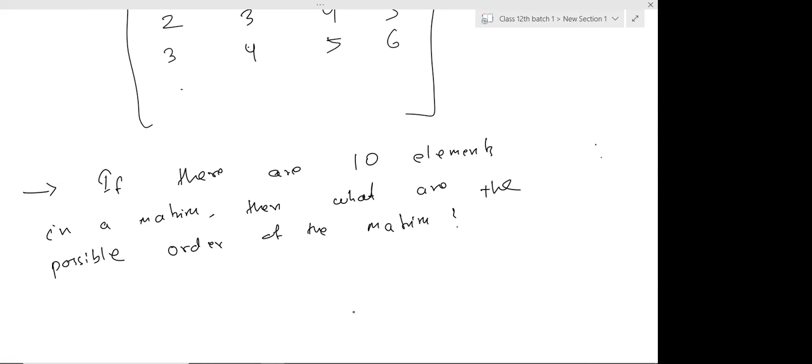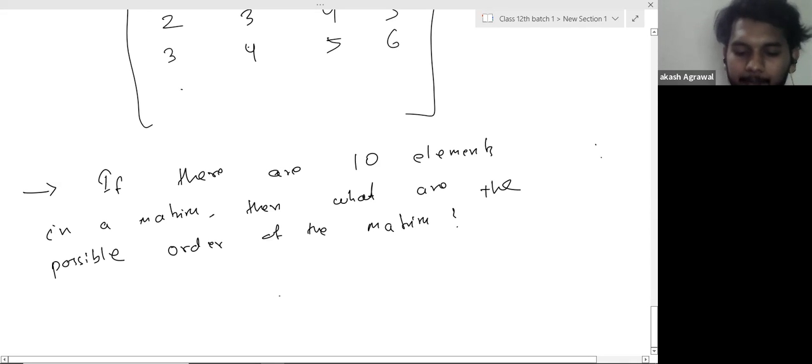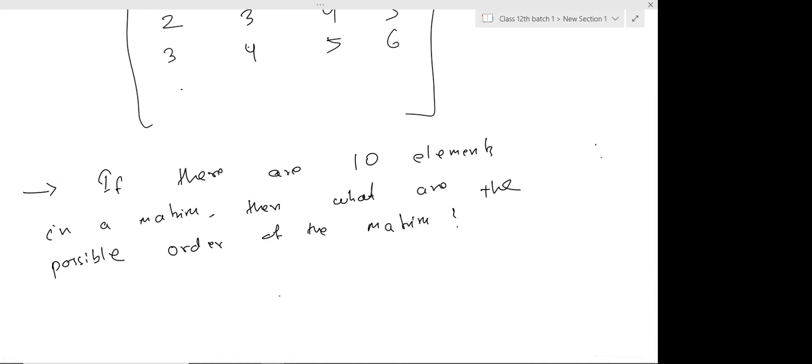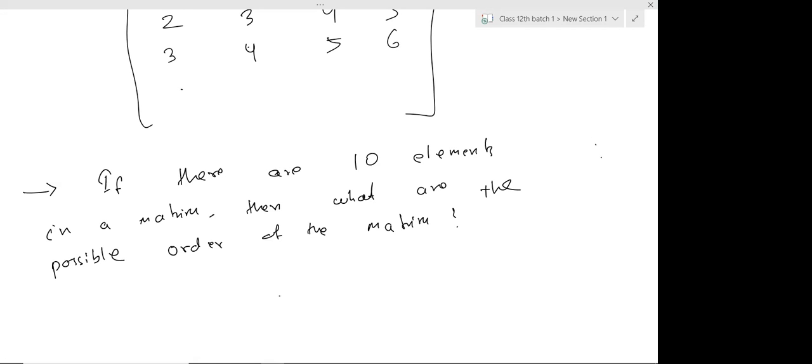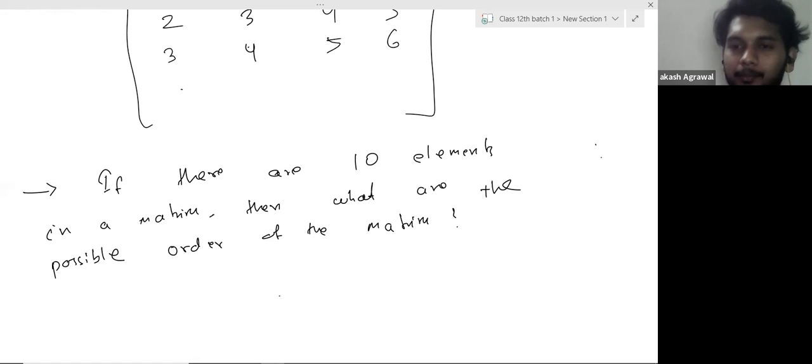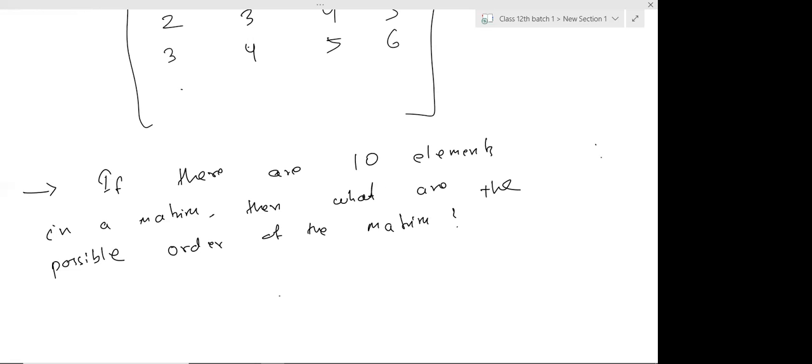Sir, there can be only two possible orders of matrix. And what are those? So 2 by 5 and 5 by 2. Are you sure there cannot be another answer? Yes, sir. Krishna, what about you? It is 2 by 5 and 5 by 2.